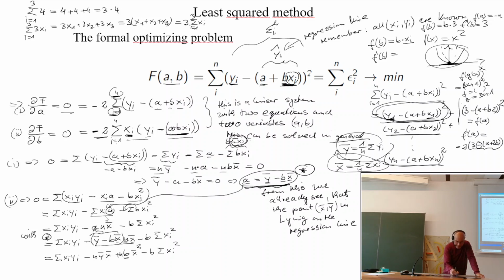Well, and then we see here we have in these two parts our b, so we can move out the brackets, our b.